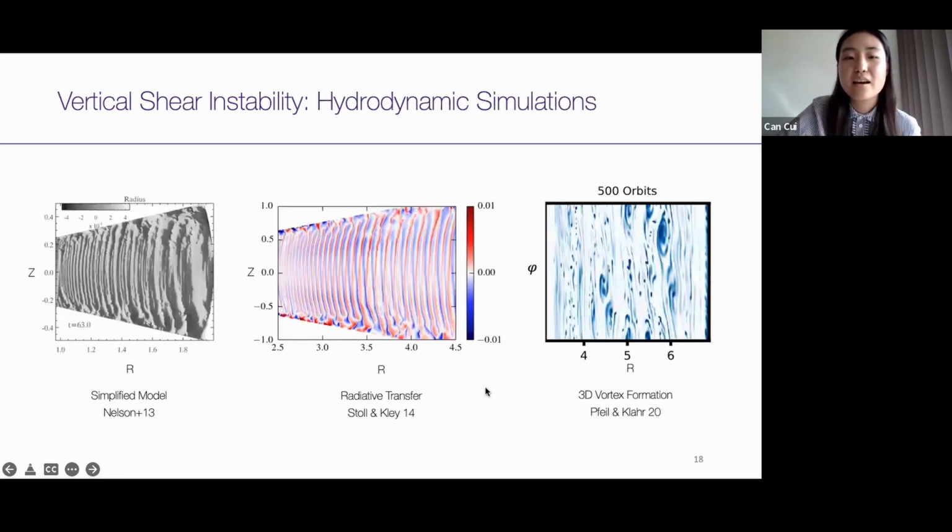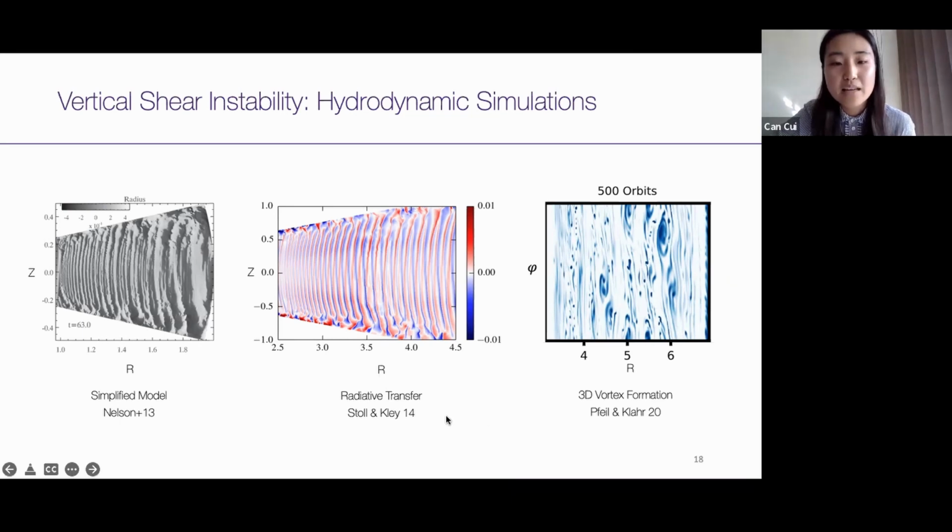Okay, so the vertical shear instability was initially discovered in the context of differentially rotating stars back in the 1960s by Goldreich. It is only very recently that it has been applied to protoplanetary disks, by Nelson. He did some hydrodynamic simulations of the VSI with a simplified disk model, and he found that the VSI can be present and sustained in the disk.